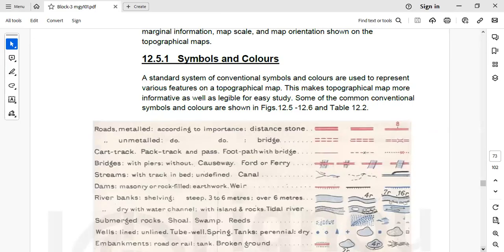that map contains some symbols and colors. These symbols and colors are used to represent various physical and cultural features.